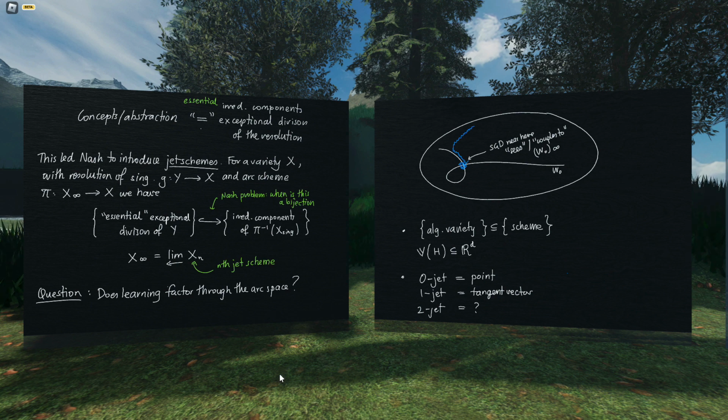Yeah, that's almost right. The one jets and two jets come from taking quotients of polynomial rings by t squared and t cubed, respectively. And arcs basically come from taking the power series ring itself, which is the inverse limit of all those quotients. That's right. But where you exactly put the completion and so on, it's not completely straightforward, but essentially it's just a completion at the level of the algebra. Okay.